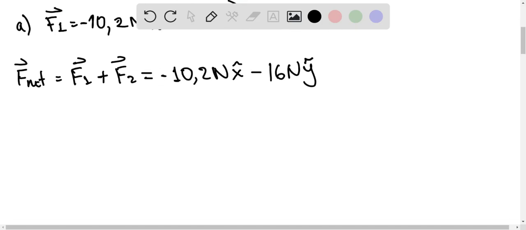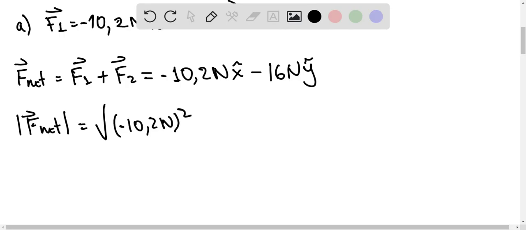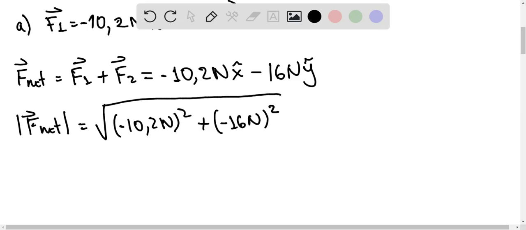Now, to obtain the magnitude of this, we simply need to take the square root of each of these components squared: minus 10 newtons squared plus minus 16 newtons squared. And this is equal to 19 newtons.